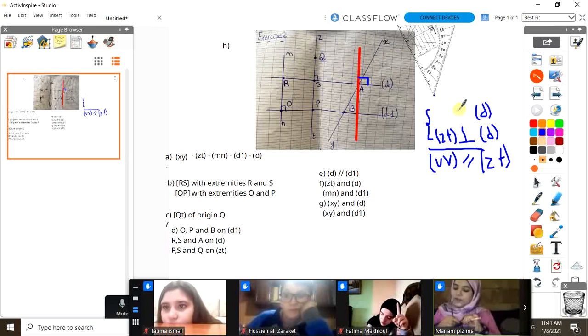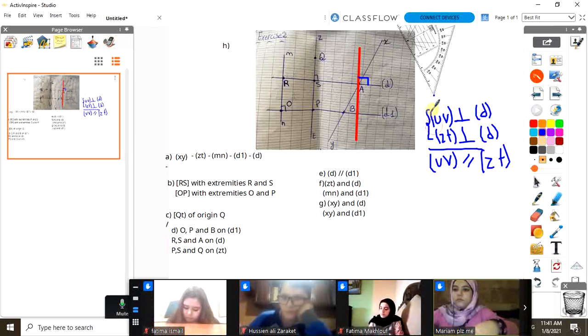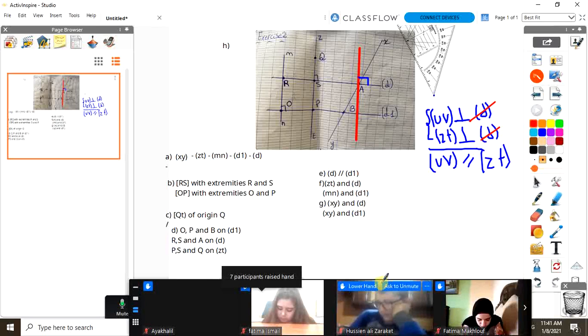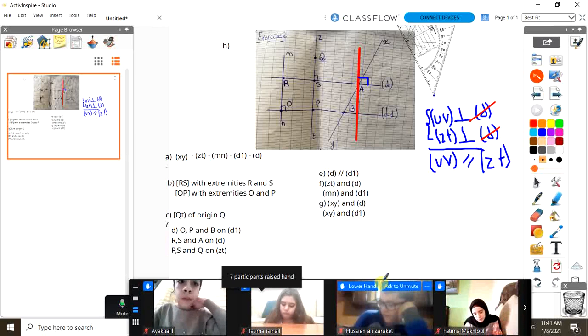If two straight lines are perpendicular to the same straight line, then they are parallel. Which is the same straight line here, Maryam? D. I will cross it. So, like that, I will state my rule and I will write the symbolic writing.